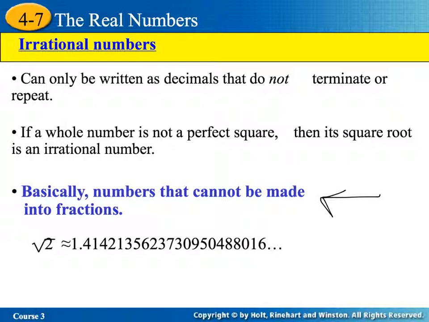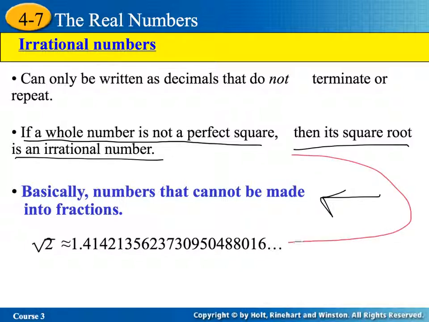However, a quick, easy way to see if it is an irrational number is this: if a whole number is not a perfect square, then its square root is an irrational number. Going back to the square root of 2, notice this 2 is not a perfect square.